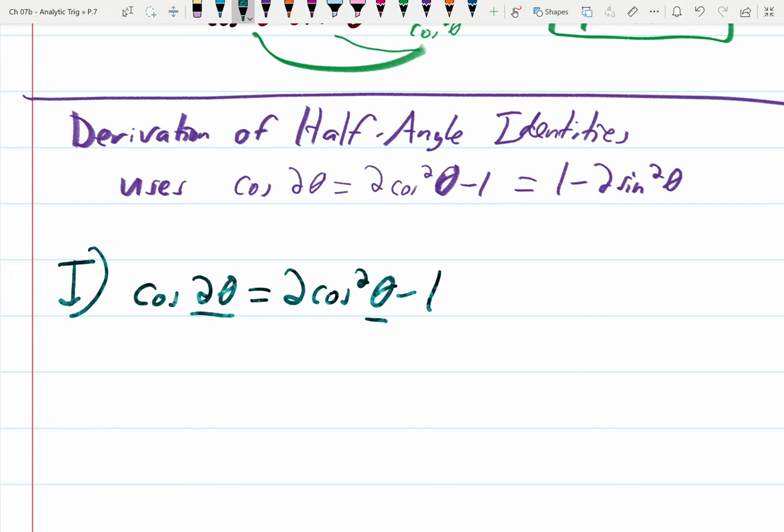I just told you that twice an angle is not as good of a thing to do. We already know how to do twice an angle. But can I use this to do half of an angle? The relationship between 2 theta and theta would be the same as the relationship between theta and what? 2 theta is to theta as theta is to half theta.